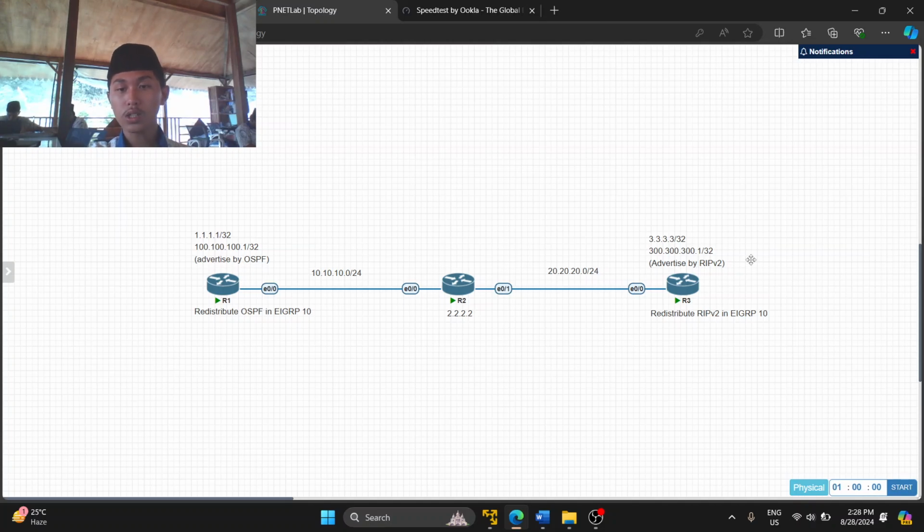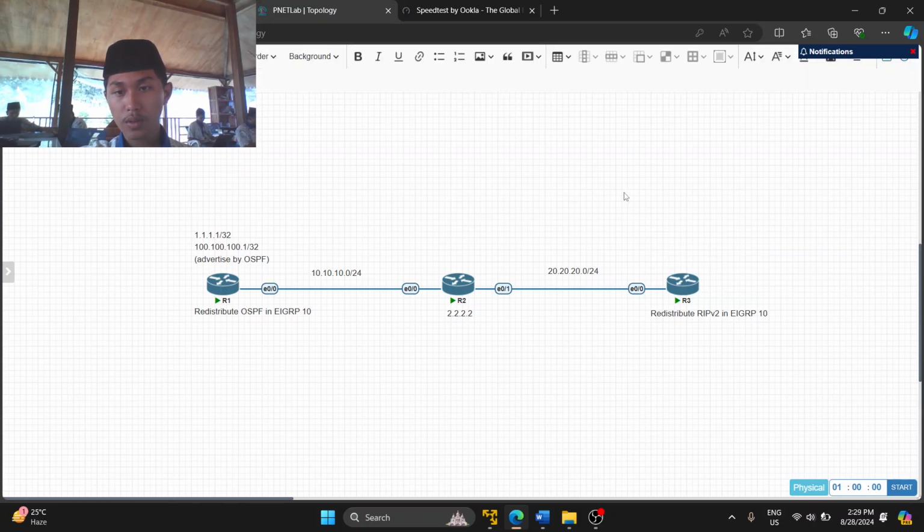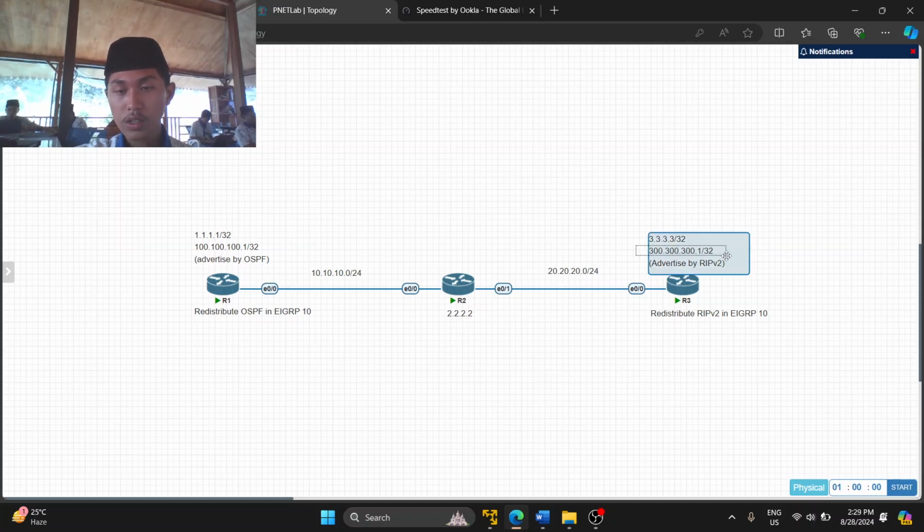Next, we have router 3, with IP loopback 0, which is 3.3.3.3 prefix 32, and IP loopback 1, that is 300. Sorry, this is not 300, that is 200. It is not 300 but 200.200.200.1 prefix 32, and it will also be advertised by RIPv2.